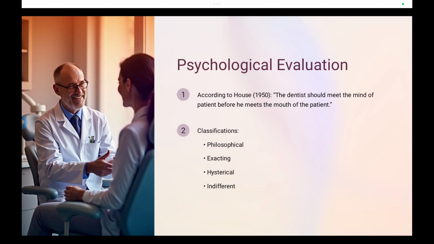Now, the hysterical patient has a negative attitude, is often in poor health, has unrealistic expectations, and the result is a poor prognosis. The indifferent patient often goes without dentures for years and does not adapt well to the dentures.